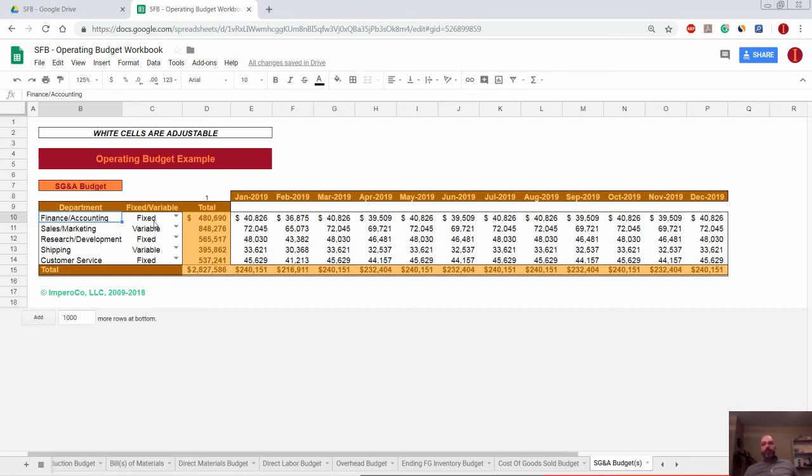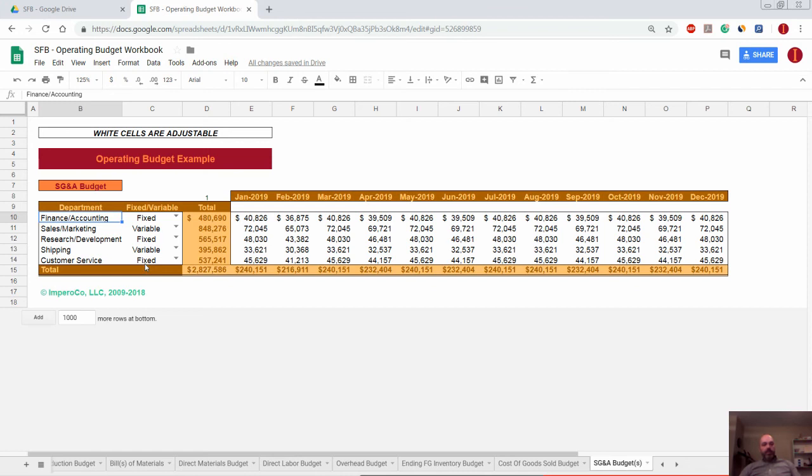Now it's very general because there might be expenses in the finance, the accounting department that are definitely fixed. I'm sure a lot of salaries in there, but they might be semi-variable too, in that they would fluctuate depending on the amount of business the company does. So this is just kind of a general classification.